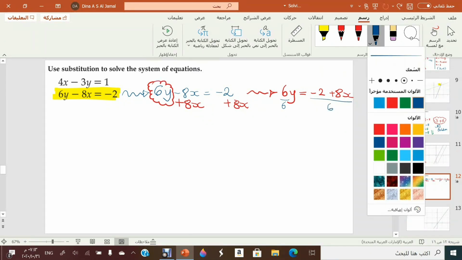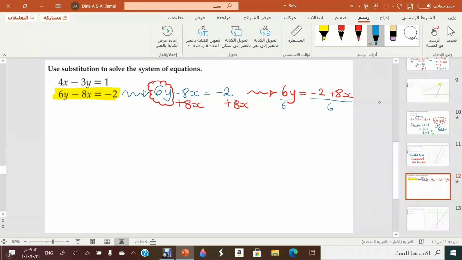So you will be having now y to be minus 1 over 3 plus 4 over 3x. Or you can keep it as it is with the denominator of 3.